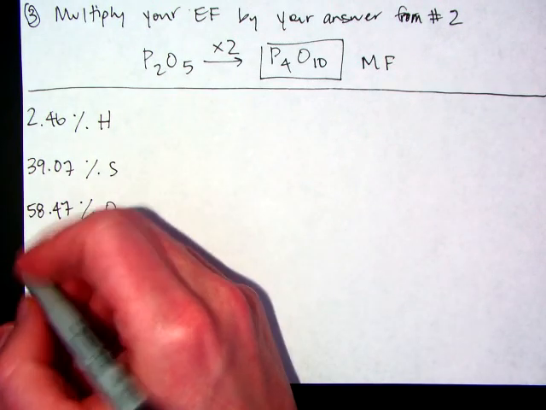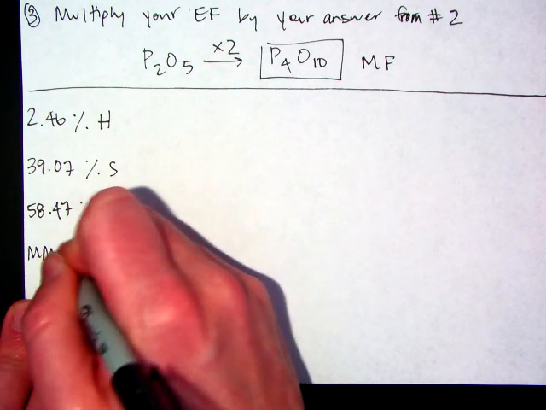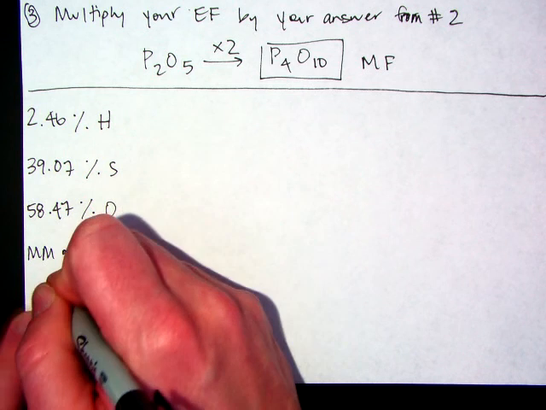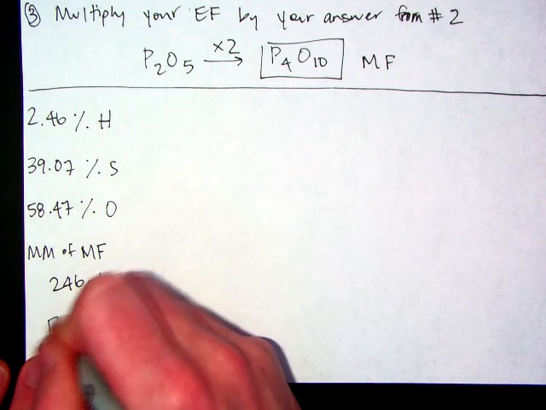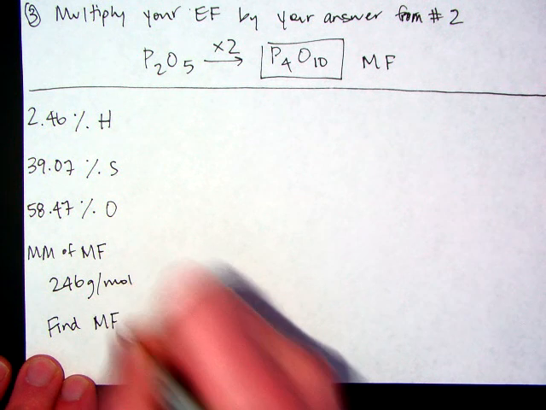Oh, and you also have to be given the molar mass. So the molar mass of the molecular formula is 246 grams per mole.